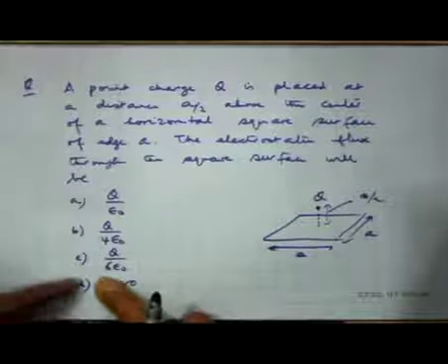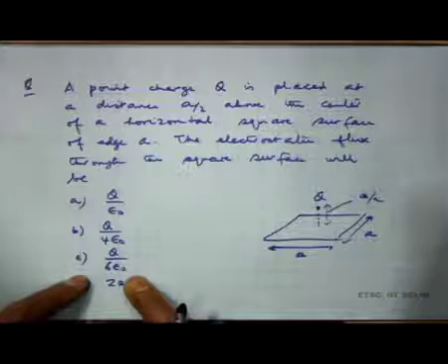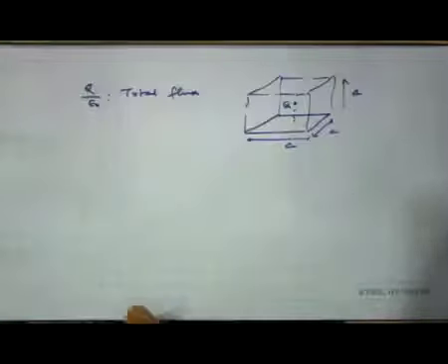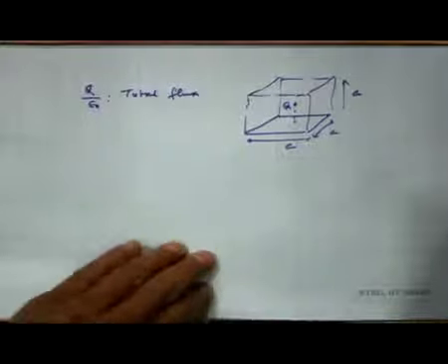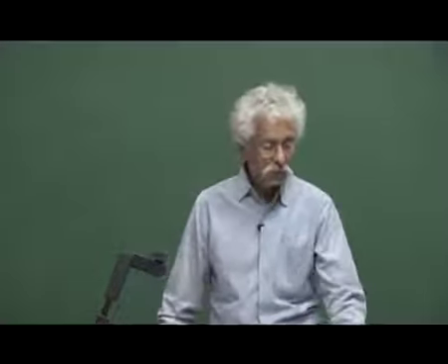So, the correct answer to this problem is C, which is q by 6 epsilon 0. In many of these problems, I should be able to use symmetry arguments to solve the problem very quickly, because that can help me resolve the problems very easily.